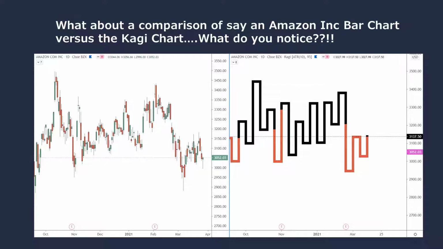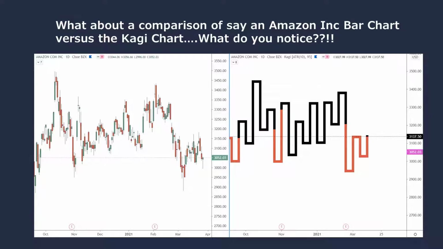Look at the noise on the left, very difficult to translate, and look how simplified and easy to analyze the trends, the movement in prices, are by looking at the Kagi chart. Very quick to ascertain what situation you're in currently, very quick, easy to make decisions from. That equals discipline and consistency, all the things we're looking for in our trading.